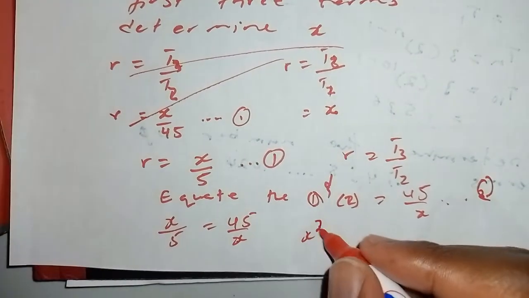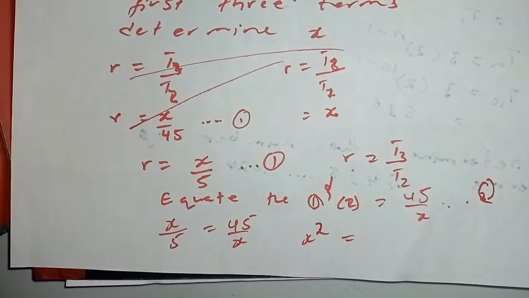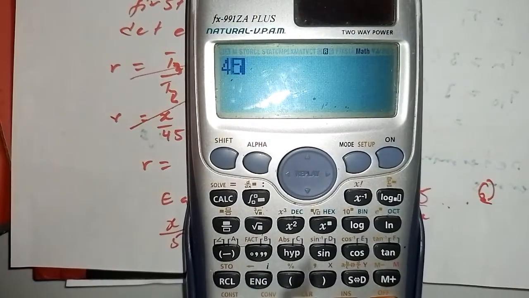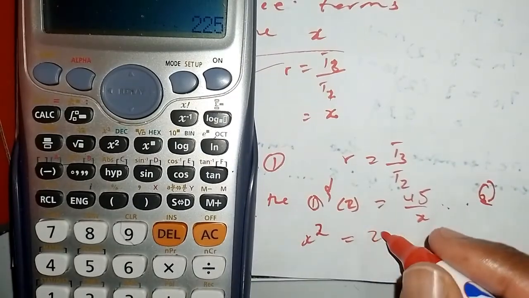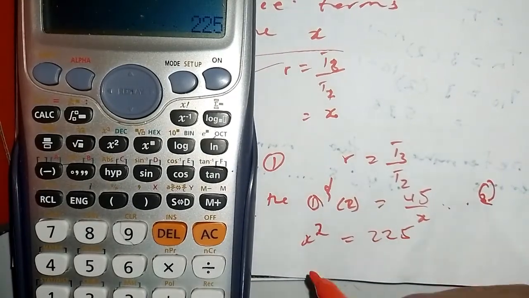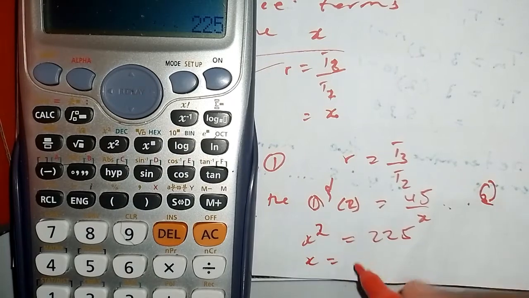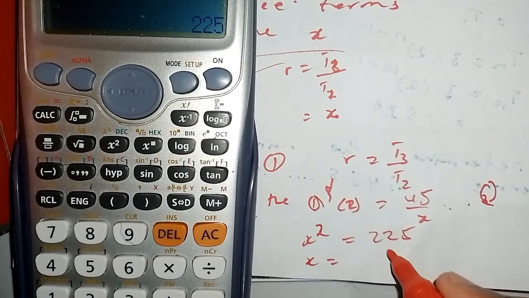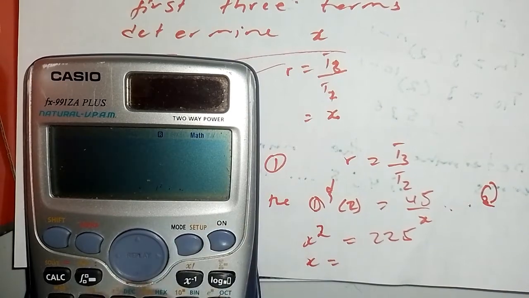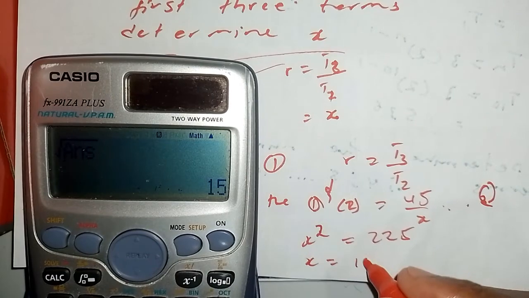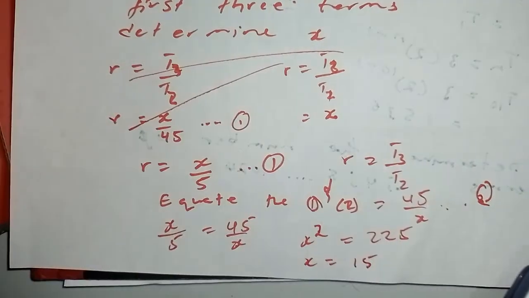This and this is just 45 multiplied by 5, which is 225. Then what is the square root of 225? The value of x is, I believe, 15. Yes, it's 15. There's my answer.